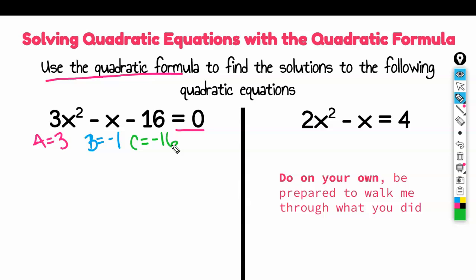So now I can use my quadratic formula. So my quadratic formula is x equals negative b plus or minus the square root of b squared minus 4ac over 2a.